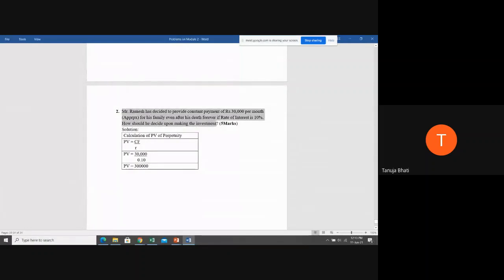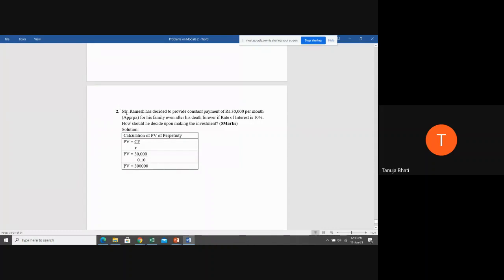So when the word forever is given, what will you do, students? Perpetuity. So how do you calculate the present value of a perpetuity? Cash flow divided by the rate of interest, because N you do not know. So 30,000 divided by 10%. So the present value is 3 lakh rupees.